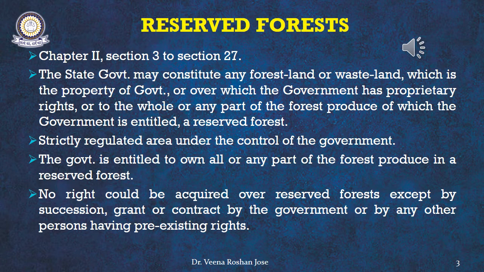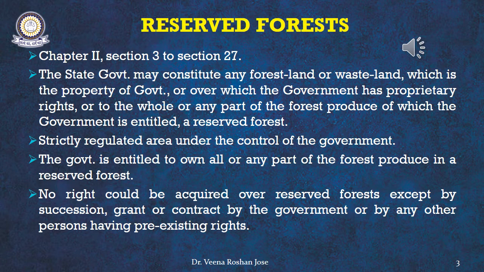And section 4 onwards speaks about how this has to be done. This particular declaration has to be made. Firstly, a forest settlement officer will be appointed, and he'll have to see if there are any claims with regard to that particular property.